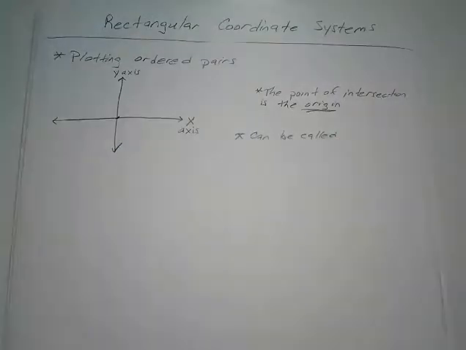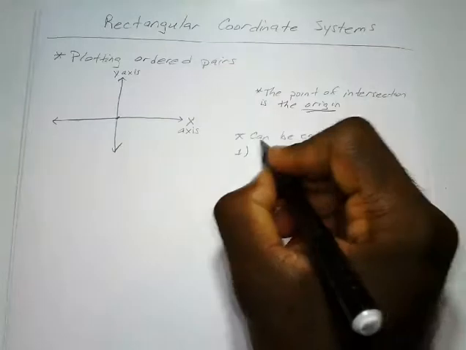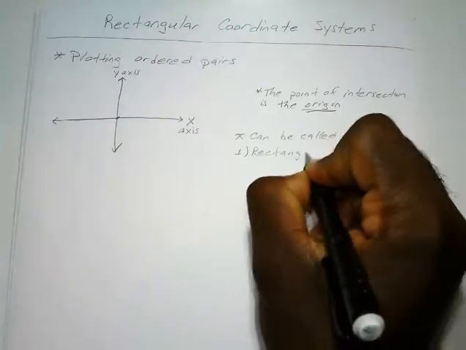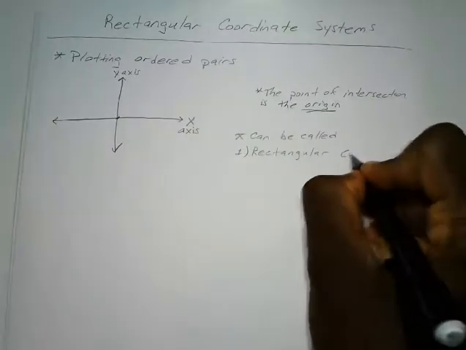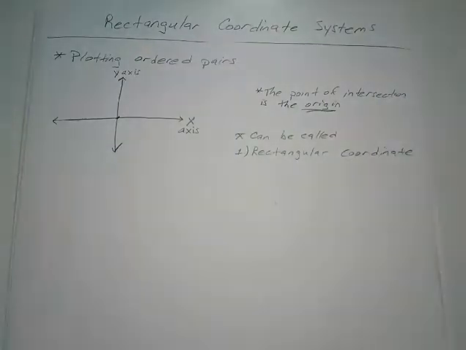Okay, so it can be called the rectangular coordinate system, which is what we're calling it now. Get that out of the way.